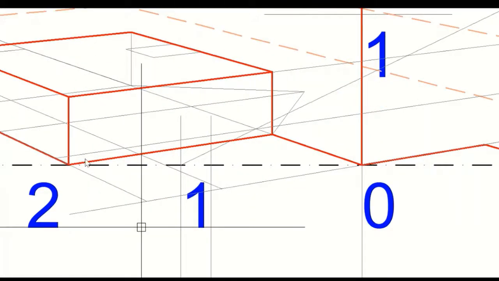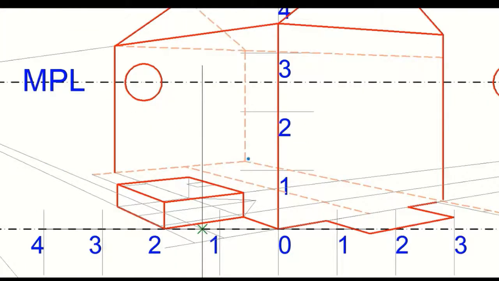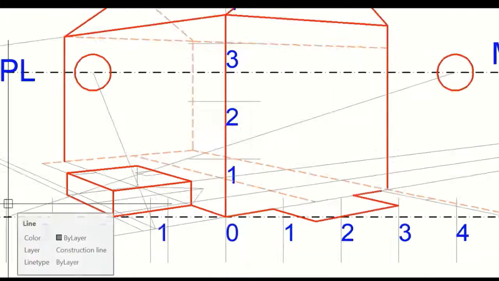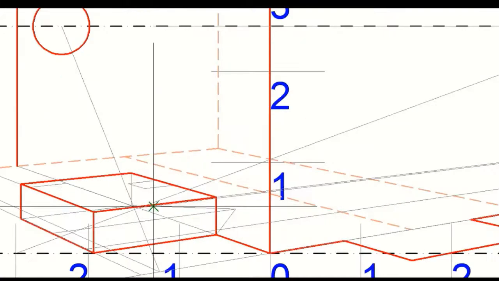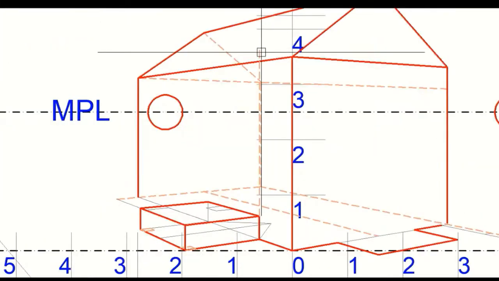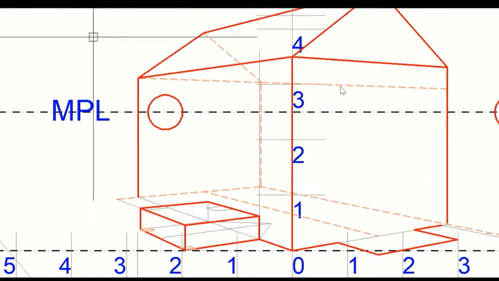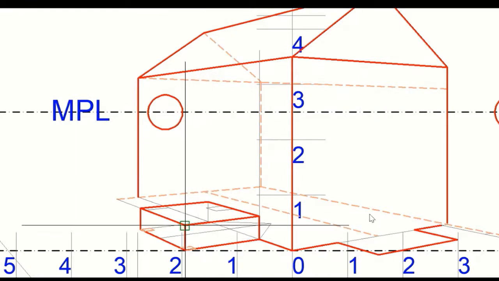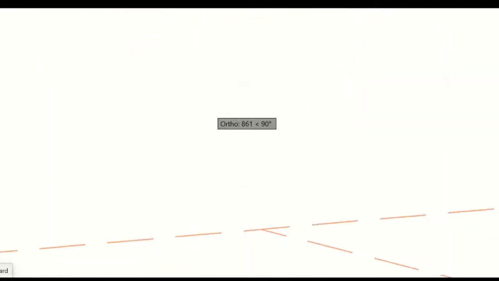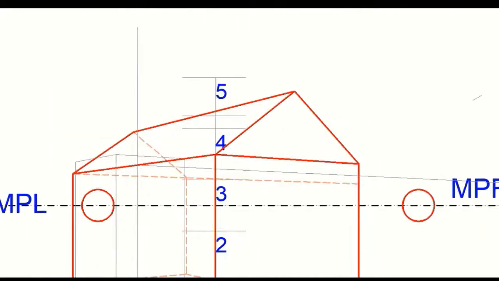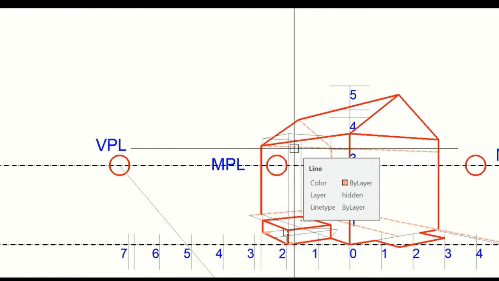Then I will mark these columns in the plan. I forgot to mark the columns. Then I will mark these columns in the plan and project them upward. You can see these are the columns that have been created in the plan, and these are the highlighted hidden lines. This is how it has been created.